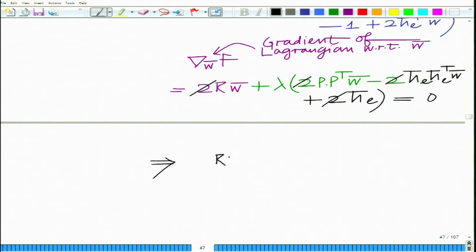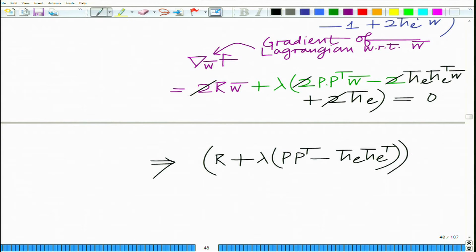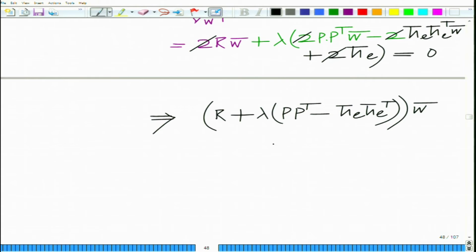So this will be R plus lambda P transpose minus H bar E transpose, this whole thing into W bar equals minus H bar E.